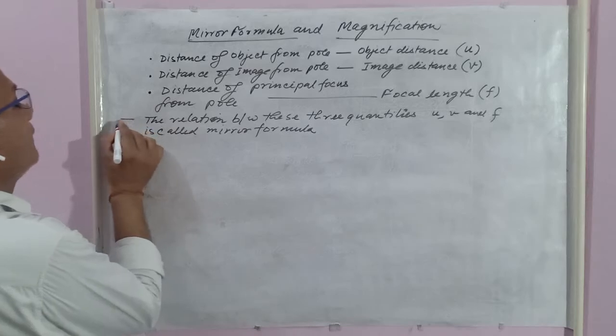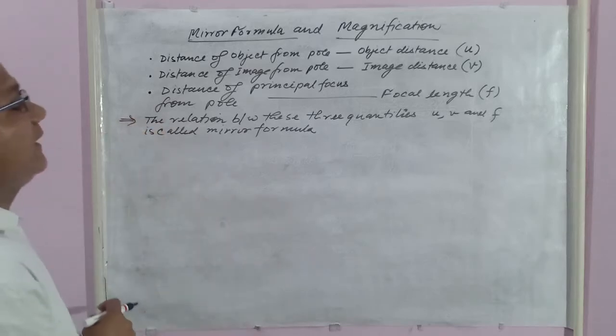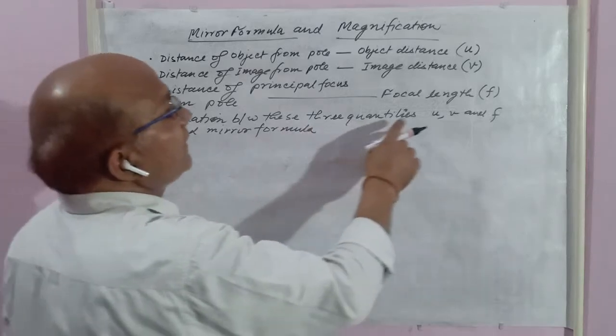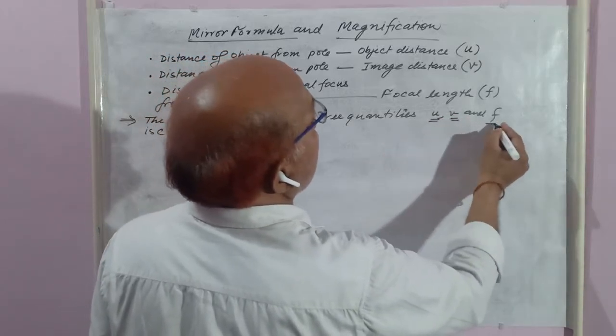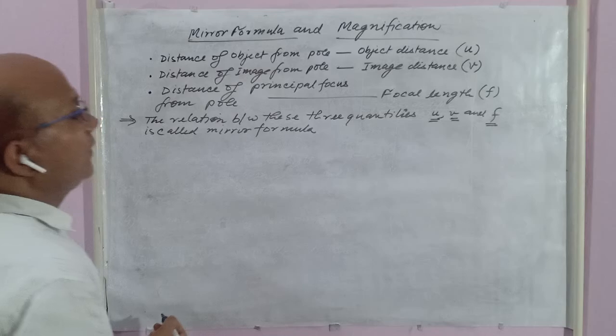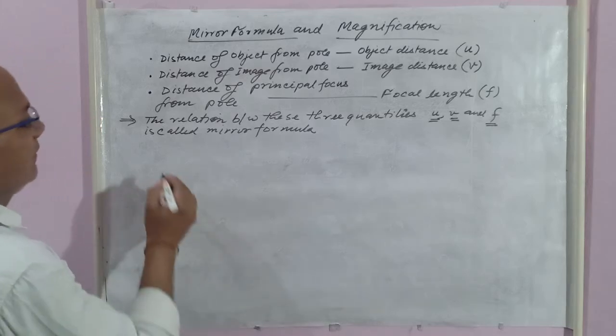Okay. The relation between these three quantities U, V and F is called mirror formula.